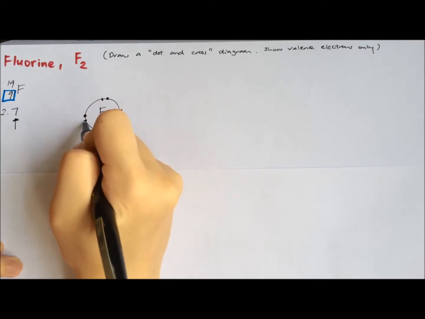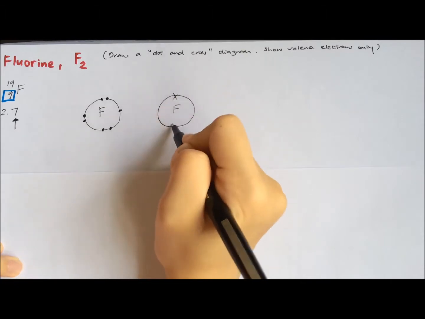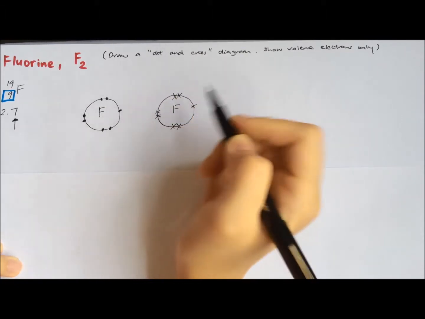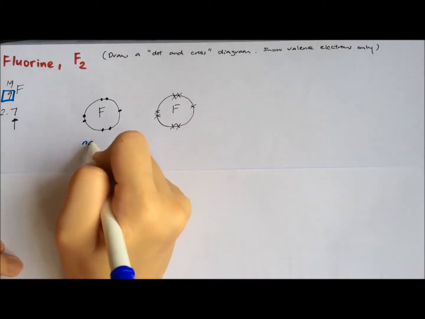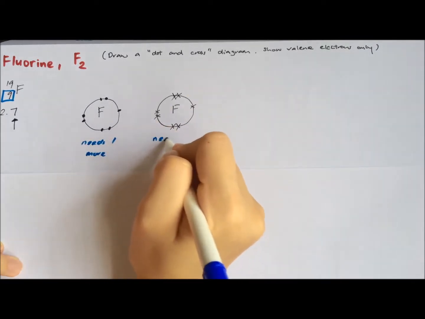One will have to be dots, and the other one will have to be crosses. So top, bottom, left, right again. Then you see how many more fluorine needs to be completely filled? It needs one more.